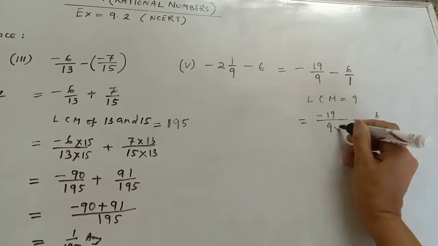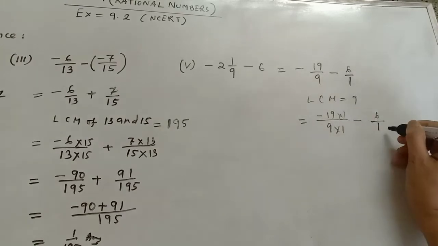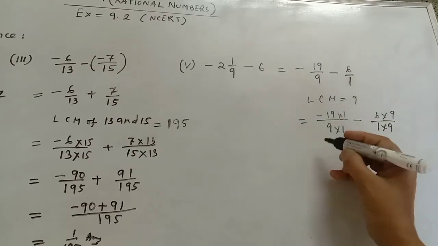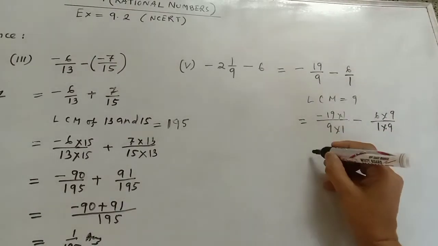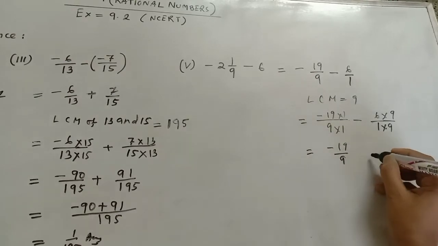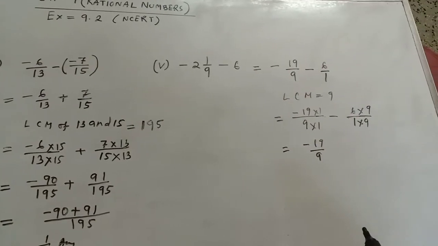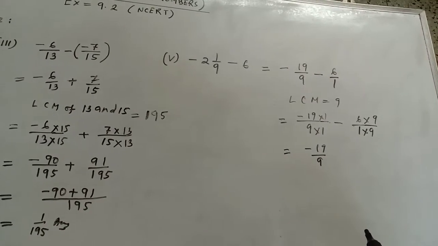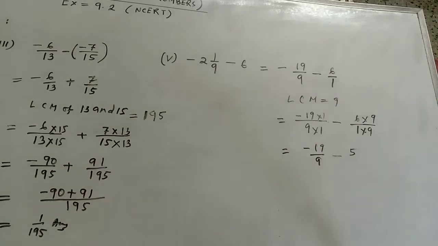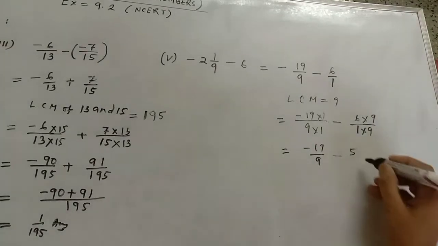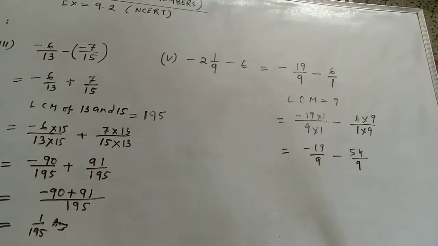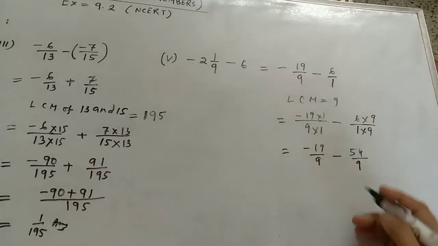The first is already 9, so you multiply it by 1, and you multiply the second by 9 to make the denominator the same. The result is minus 19 by 9 and minus 54 by 9.